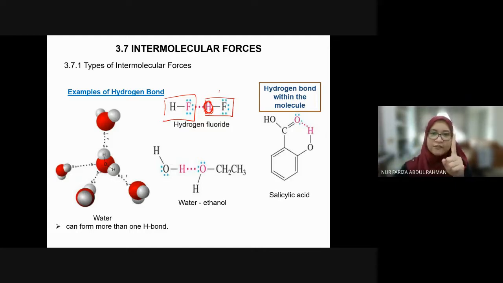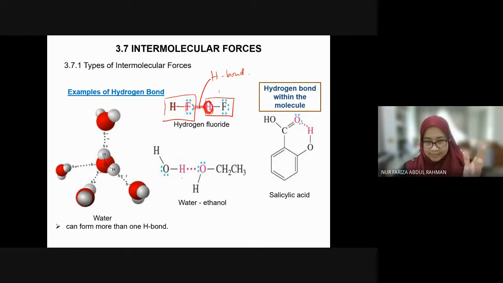Okay, tick, it follows. Second condition, the same hydrogen must be attracted to F, O or N externally. Alright, so this is another molecule, right? H and F. So it obeys both conditions. So this force is what we call hydrogen bond, guys. Understand? Those two conditions must be obeyed.